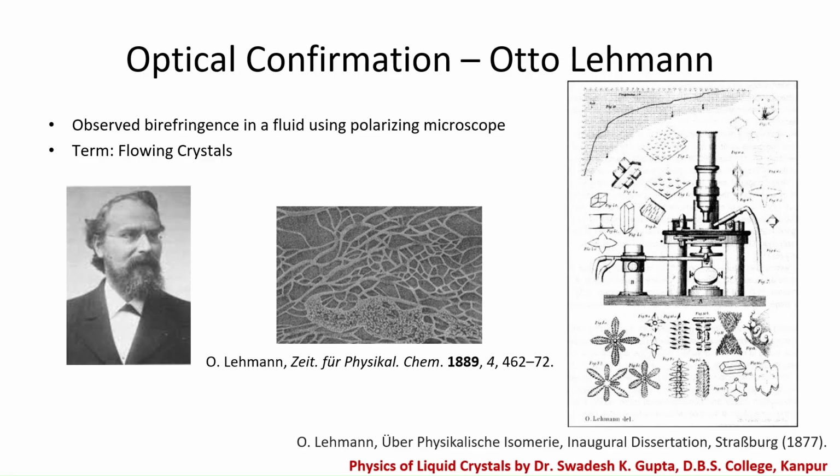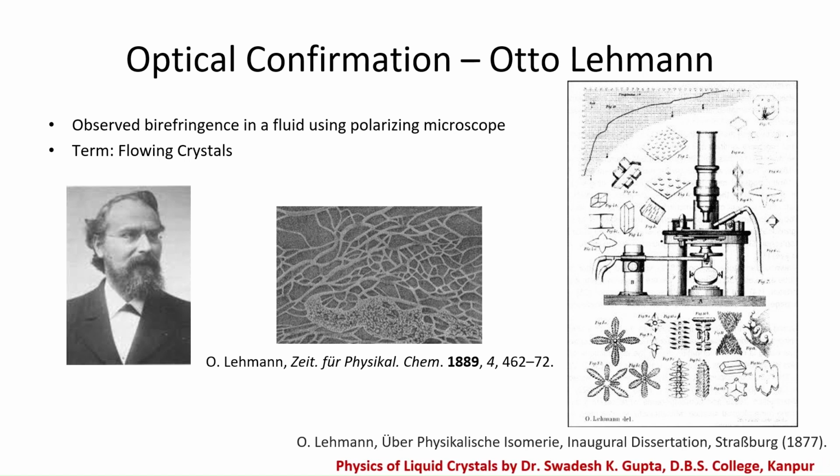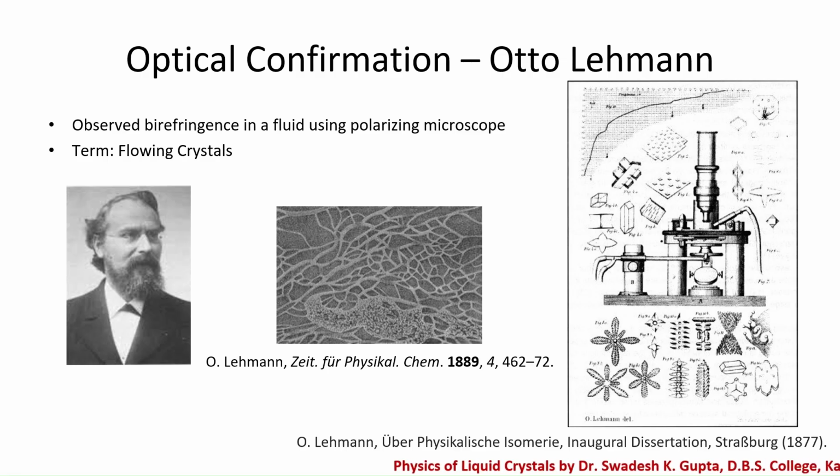He observed that the substance shows the fluidity of a liquid and the optical anisotropy of a crystal when it was a cloudy liquid. So he called this state flowing crystals. Later this became liquid crystals.